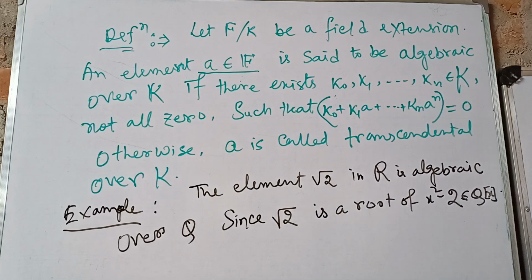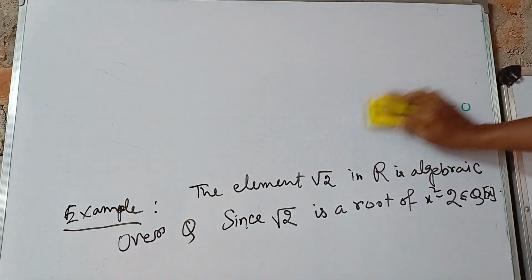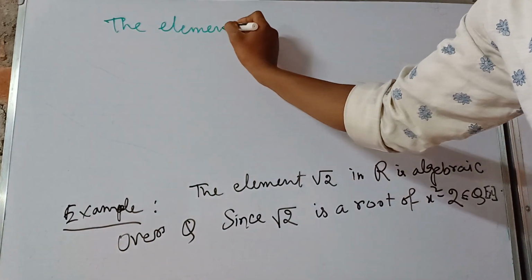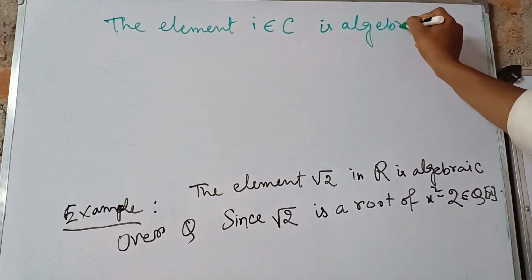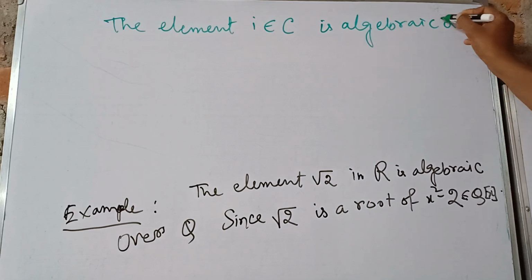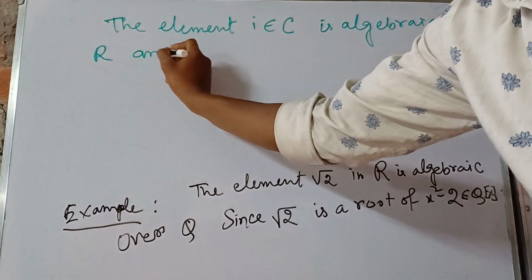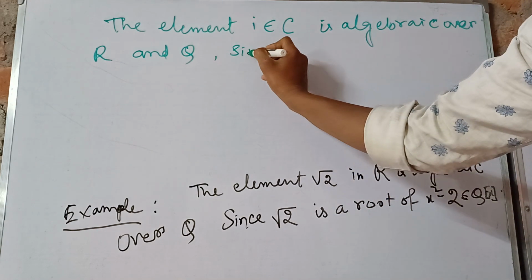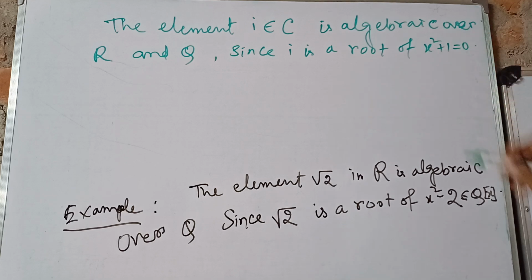Next example. The element i belonging to C is algebraic over R and Q, that means over R and also over Q, since i is a root of x squared plus 1 equal to 0.